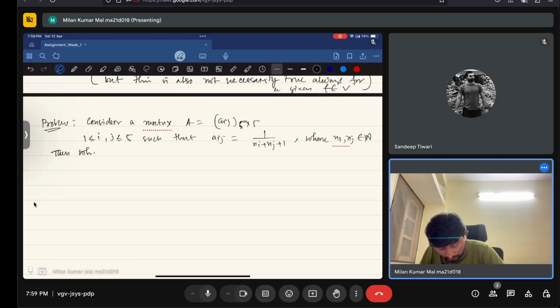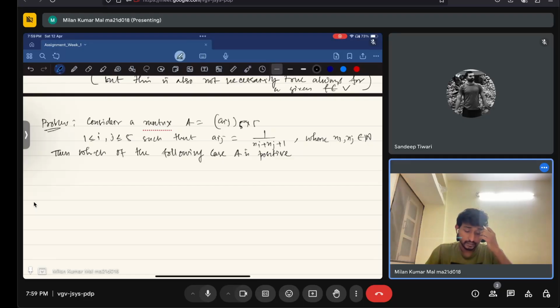Then which of the following cases A is positive definite? But positive definite matrix is also not discussed.